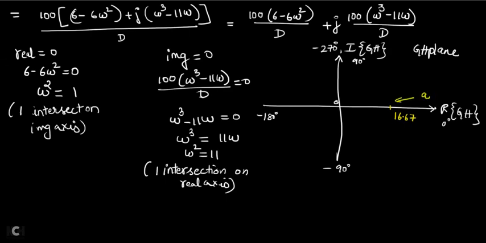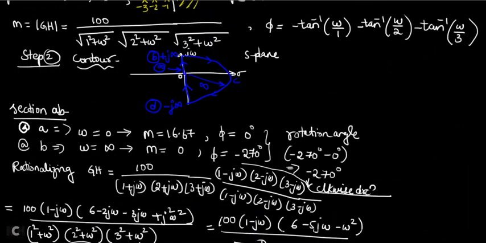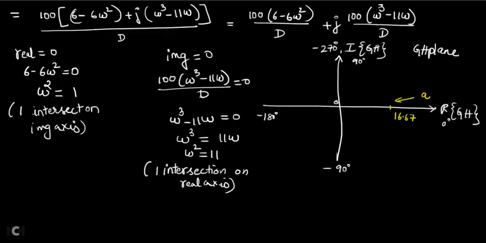Now where is point B? At point B, M is equal to 0, on which angle? Minus 270 degree. So mark M equal to 0 on minus 270 degree. Where is minus 270 degree?